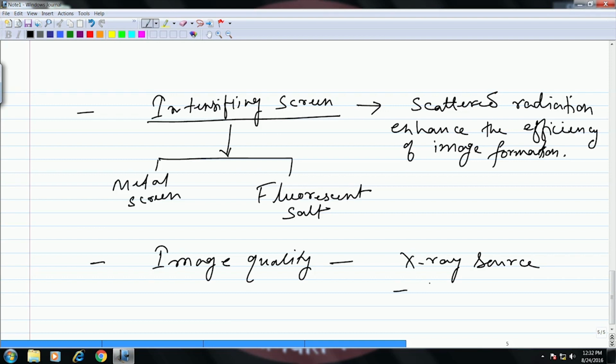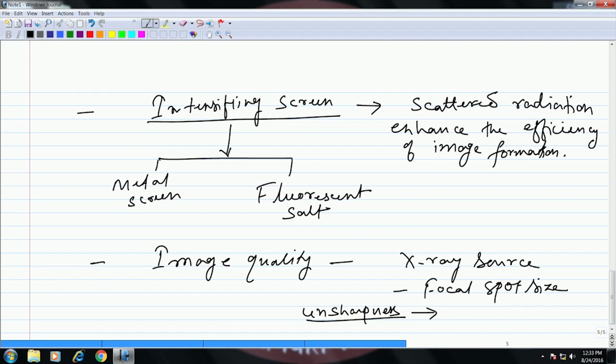For example, the focal spot size will affect the quality of the image, and with regard to that we learned about an aspect called unsharpness, which comes due to the finite size of the focal spot of an X-ray source.